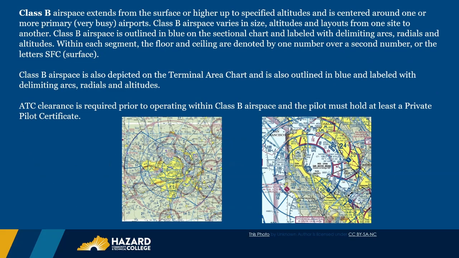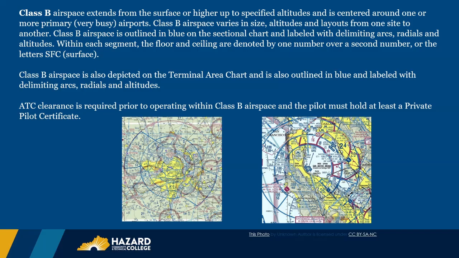Class B airspace extends from the surface or higher specified altitudes and is centered around one or more primary, which is very busy, airports. Class B airspace varies in size, altitudes, and layouts from one site to another. Class B airspace is outlined in blue on the sectional chart and labeled with delimiting arcs, radials, and altitudes.